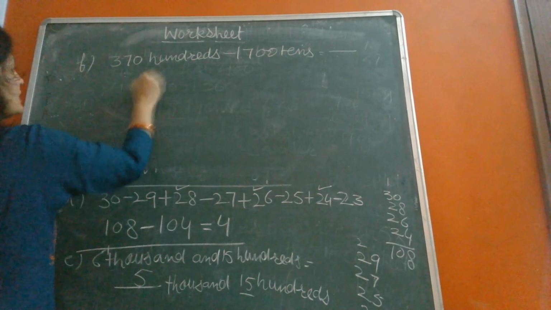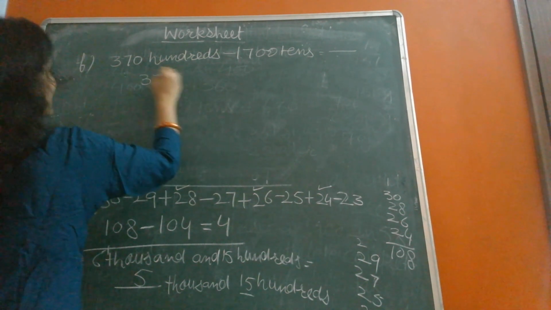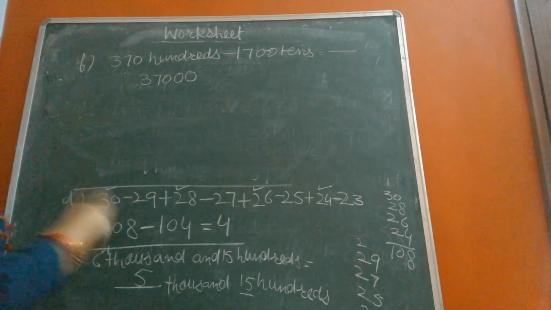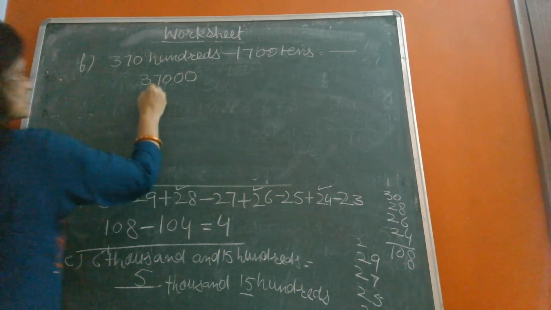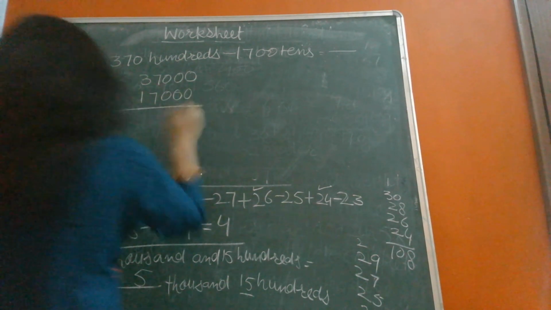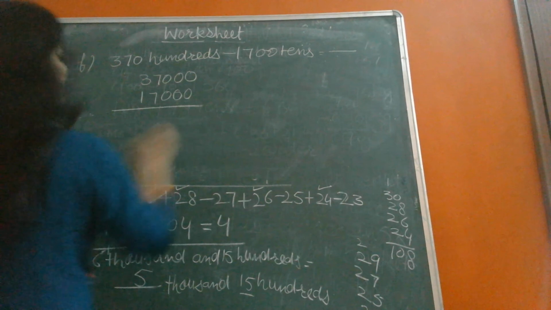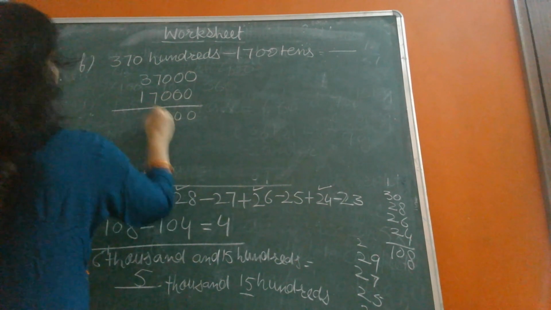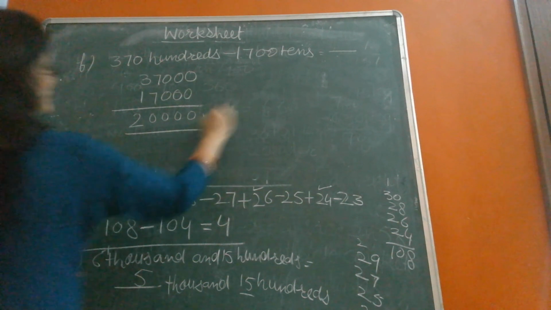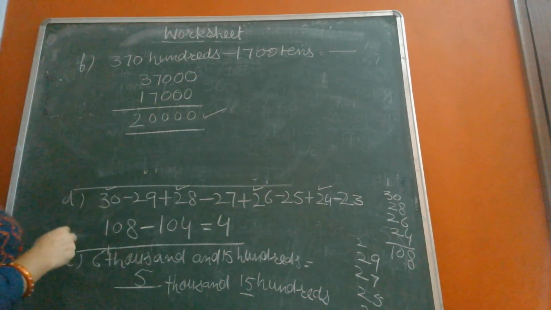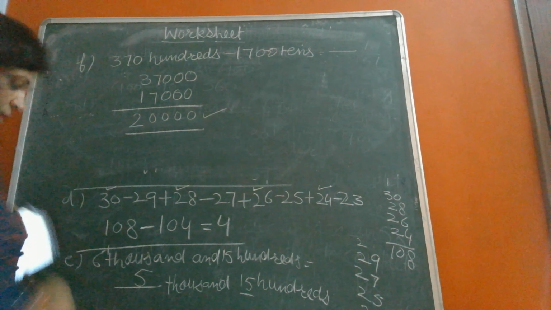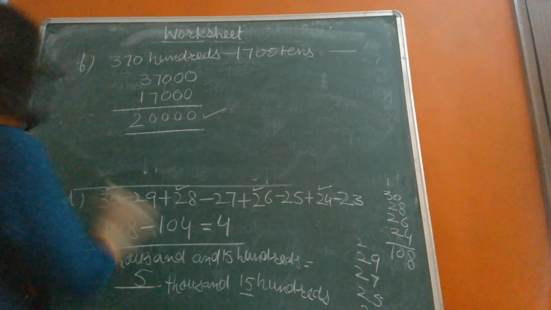First we will write 370 hundreds, then 1700 tens. Now subtract it. The answer is 20,000. So part A is the answer of this question.